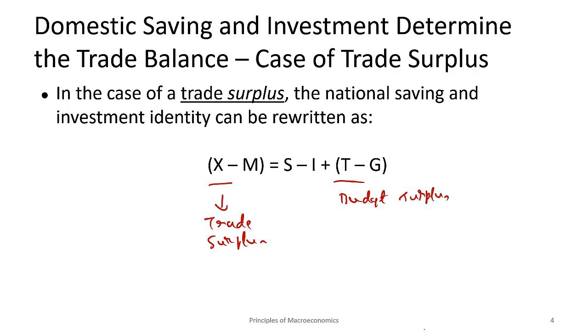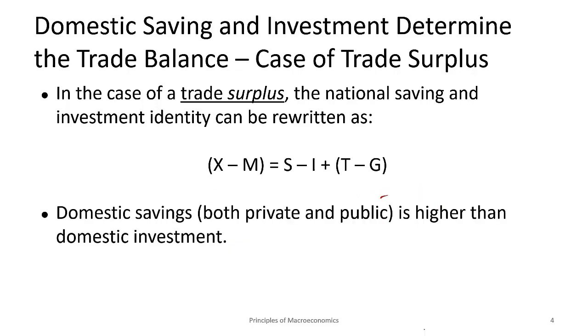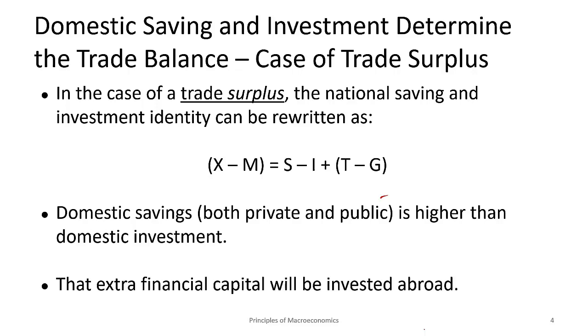So if we run a trade surplus, that can translate into budget surplus and vice versa. In this case, if domestic saving, private or public, is higher than domestic investment, the extra money or financial capital will be invested abroad. That means if you have extra money as a result of private or government savings, that money can go abroad in terms of US investment outside this country.